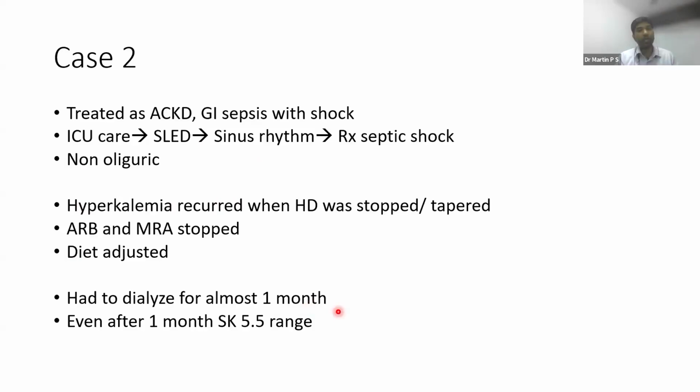Even after stopping dialysis after 1 month, the potassium was always on the higher side, in the 5.5 range. So I think this case was probably a case of type 4 RTA, unmasked by an acute insult of GI sepsis. This was not just a case of acute on CKD causing hyperkalemia.